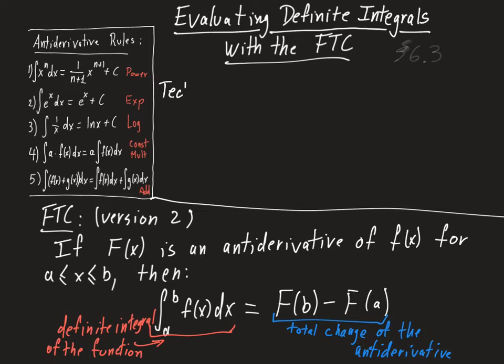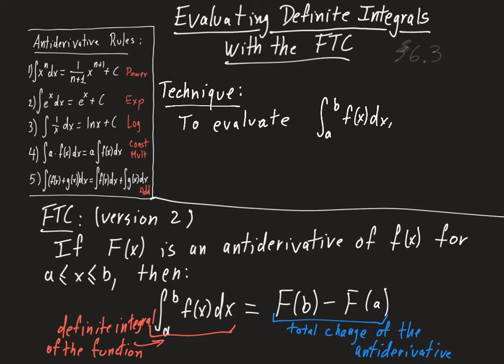So let's write this out. To evaluate the integral from a to b, definite integral, of f of x dx, first find the integral, indefinite integral this time, of f of x dx.